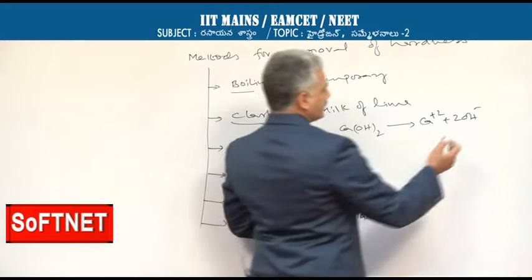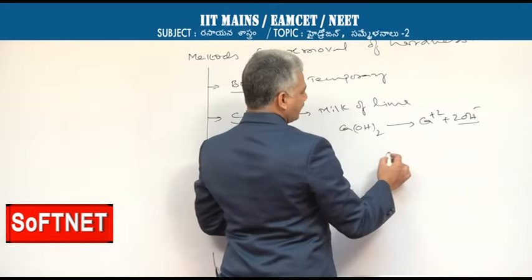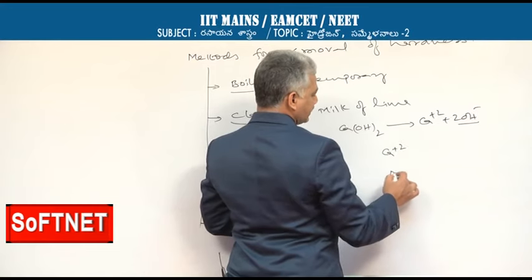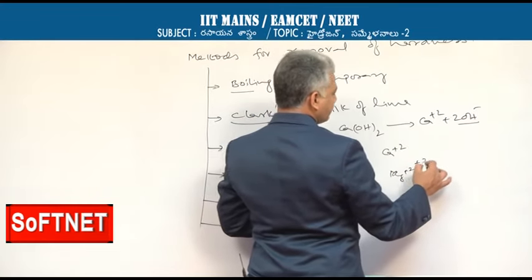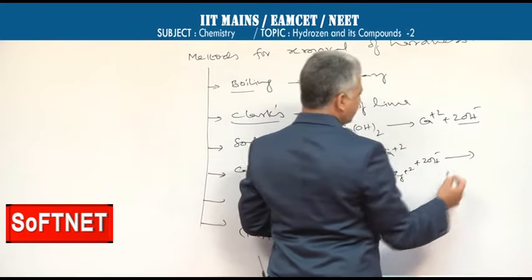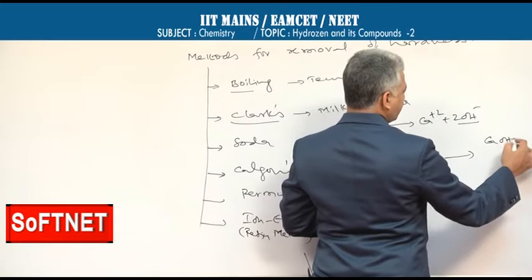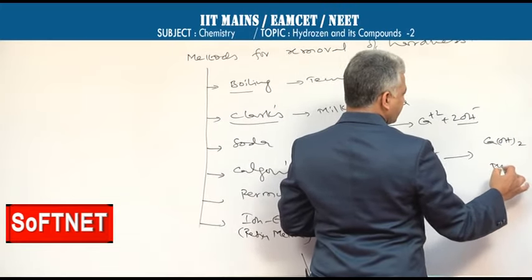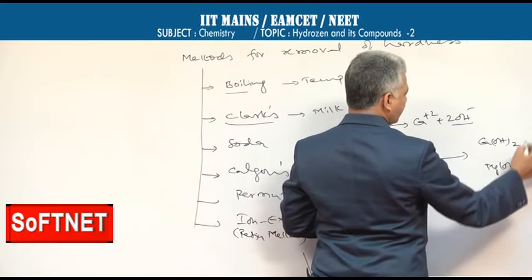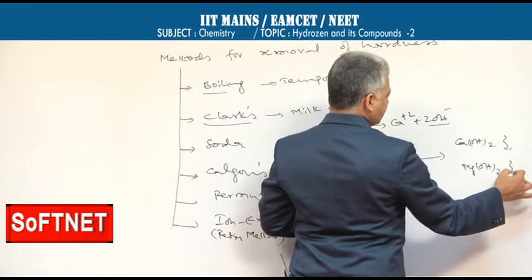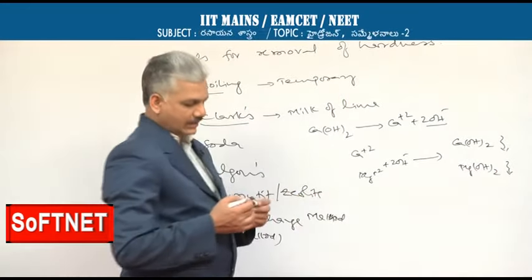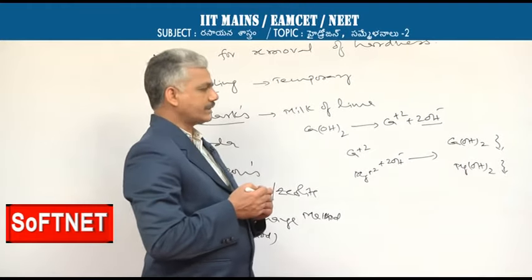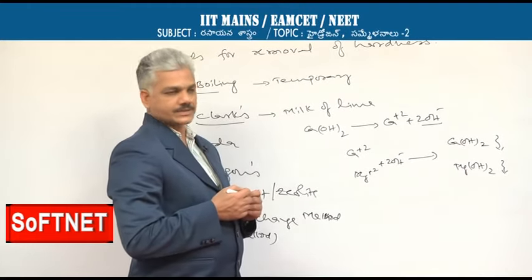The hydroxide ions released will combine with hardness causing calcium and magnesium ions present in water and convert them into calcium hydroxide and magnesium hydroxide, which are sparingly soluble and will come out in the form of white colored precipitates.